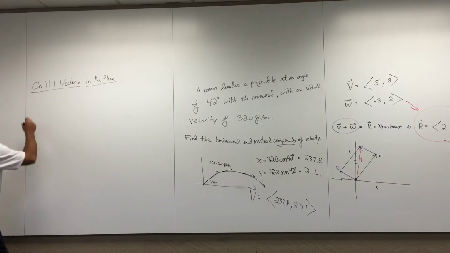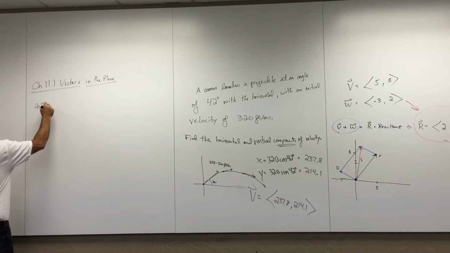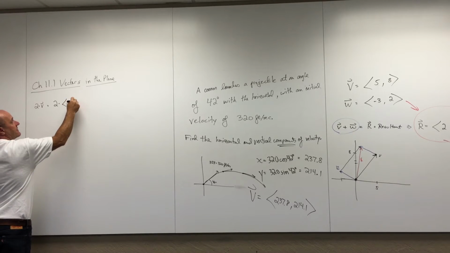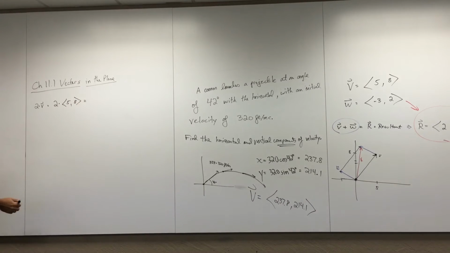So, have I taught you how to multiply a scalar times a vector? Actually, I haven't taught you that. What if I was multiplying 2 times the vector 5, 8? I did tell you what it means, though. It just makes it twice as long and keeps it in the same direction.